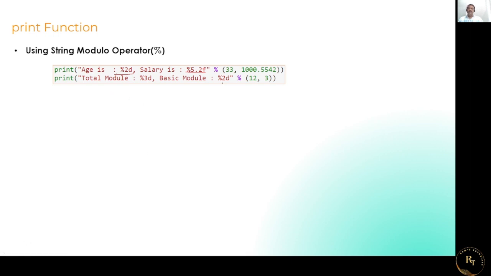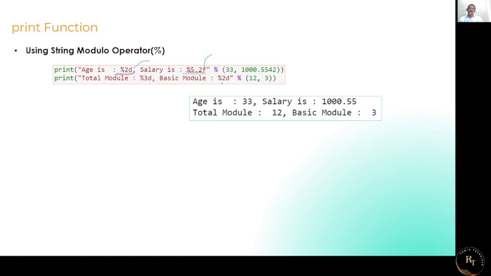What do you mean by percentile 2D? What do you mean by percentile 5.2F? Understand, D means you're talking about a digit and F means you're representing a float. Now, percentile 2D and percentile 5.2F are nothing but how much space I'm providing to display the value. Take a look at the outcome and you would understand.